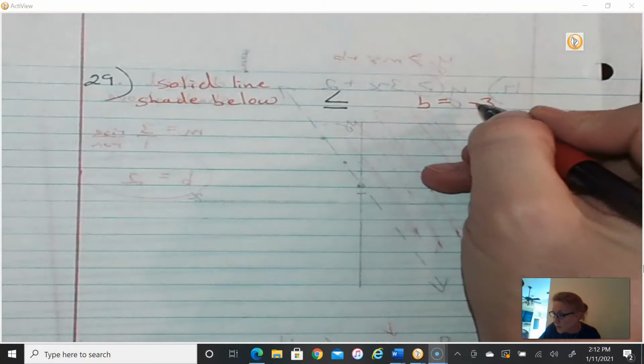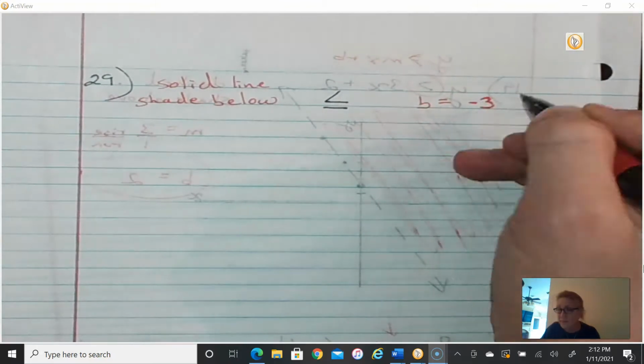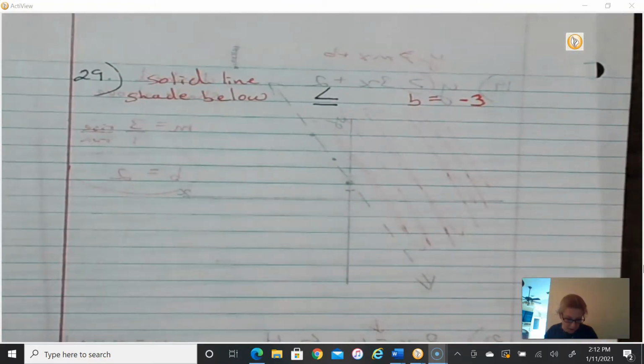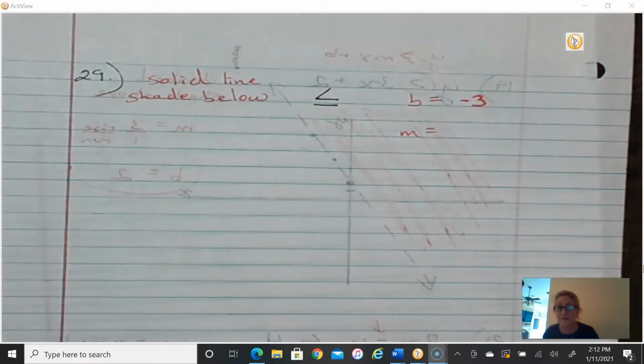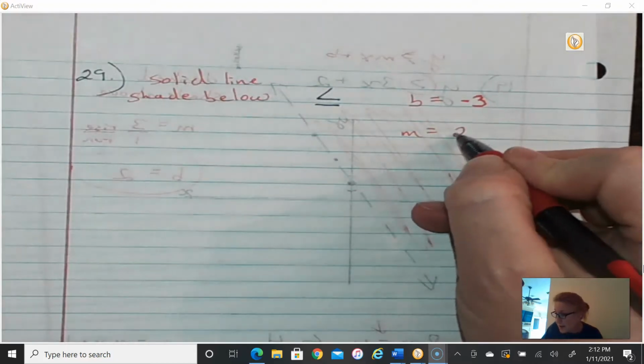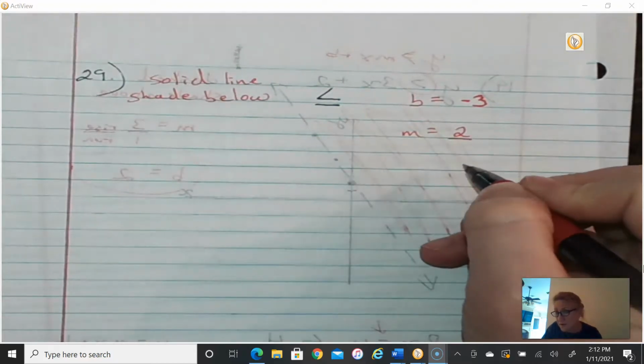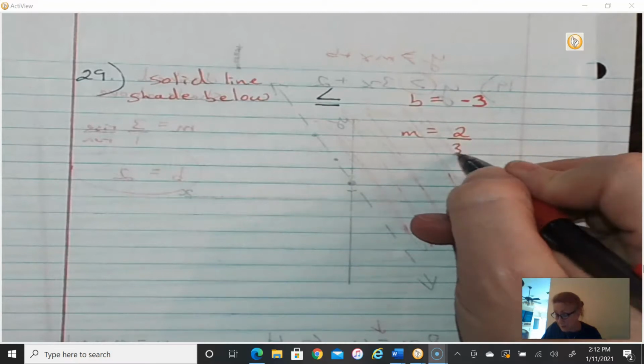If you do not see that, ask your sub or review, look at it again. You can rewind and play it again. So you start there, and go up and over your rise over run until you find your slope, the next intersection. Okay? We've been doing these like crazy, so you should know. If you go up and over, you rise 2, positive 2, and you go right 3.